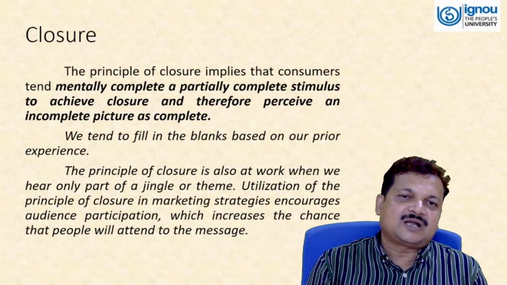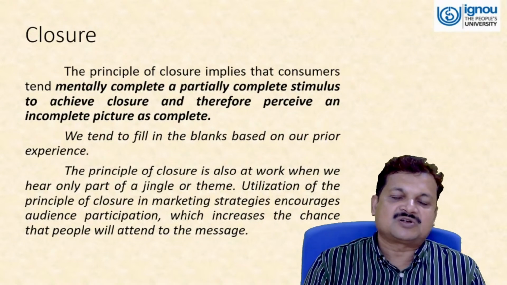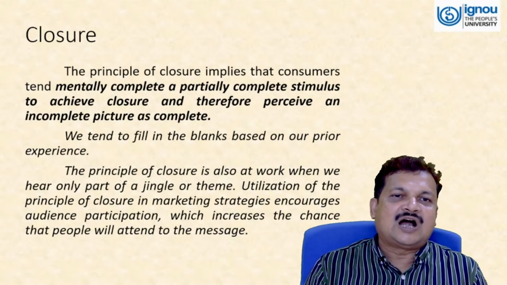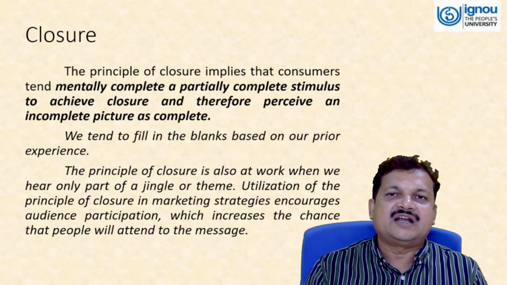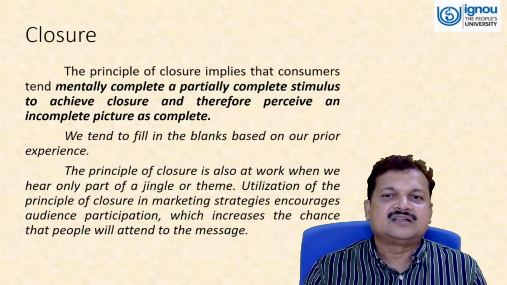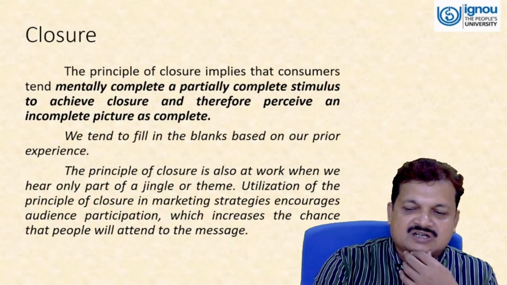So that is very often happening. Immediately after this slide you are going to see the picture, you can understand how our mental system has a tendency to complete any kind of missing information. Like here, mentally complete a partial stimulus to achieve closure, and therefore perceive an incomplete picture as complete.